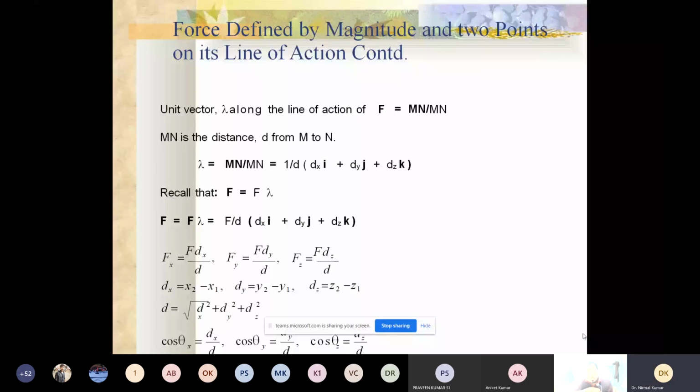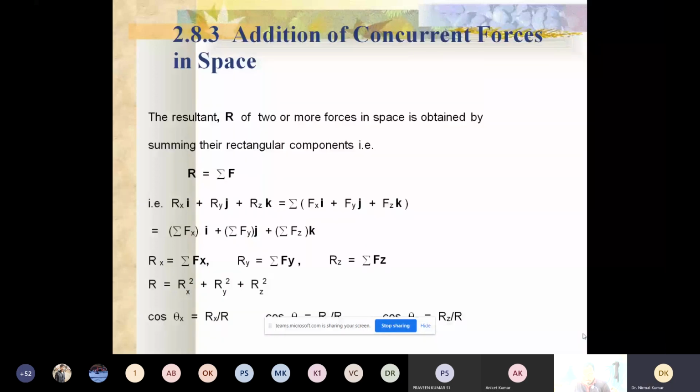And this is the method for computing the unit vector, which is nothing but vector MN divided by the magnitude of MN, and you will get the value of the direction cosines here. And addition of concurrent forces in space is nothing but vector R with components Rx, Ry, Rz in all three directions.